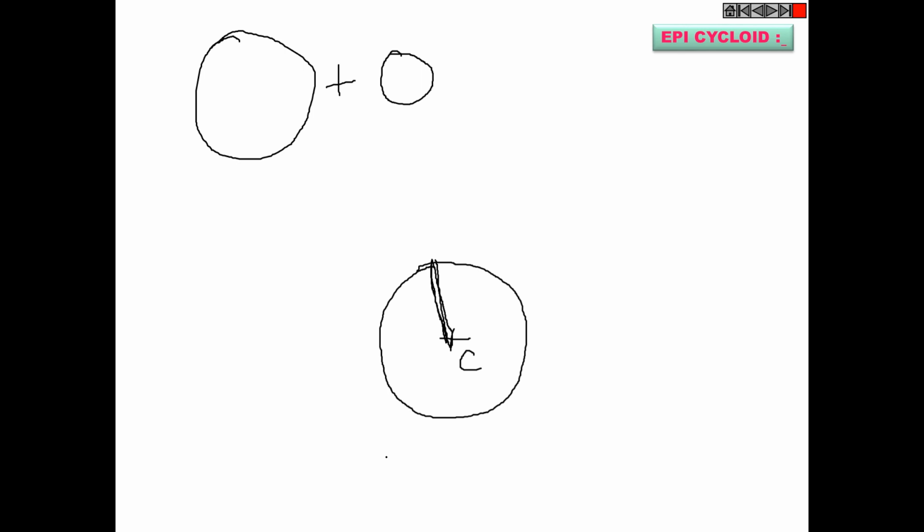That curve is your epicycloid. Is the definition clear to all of you?